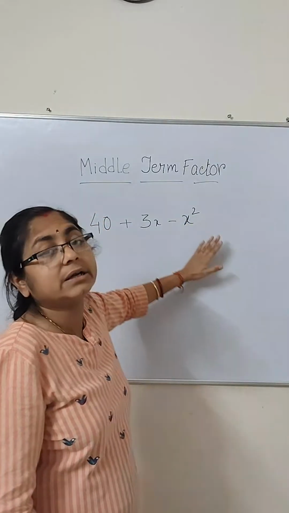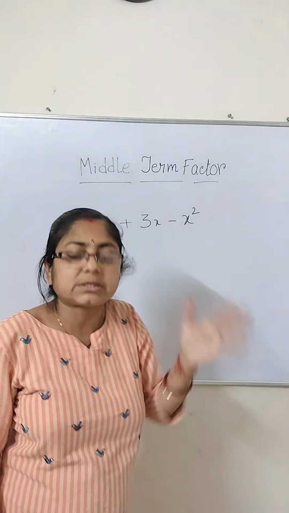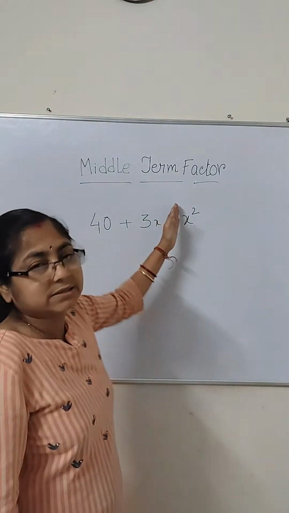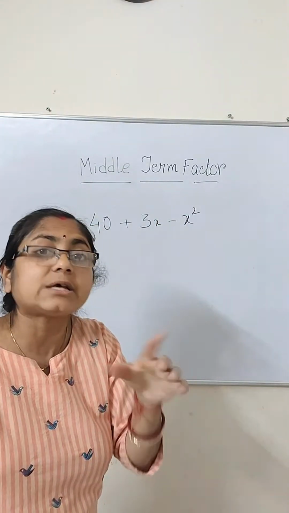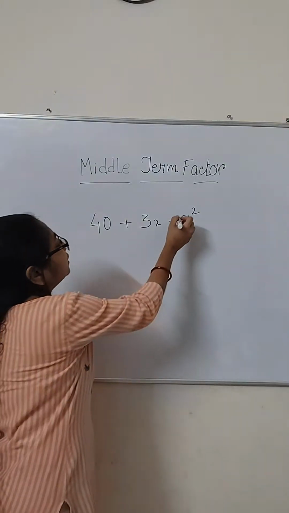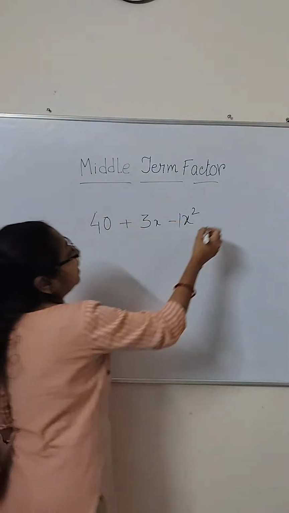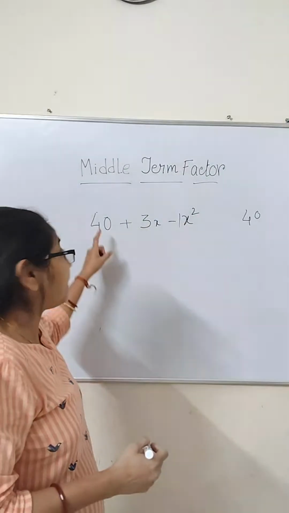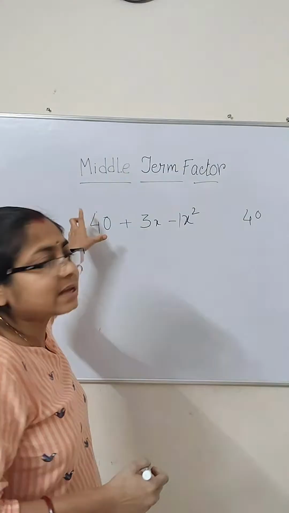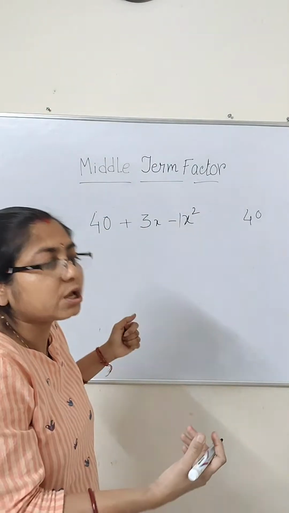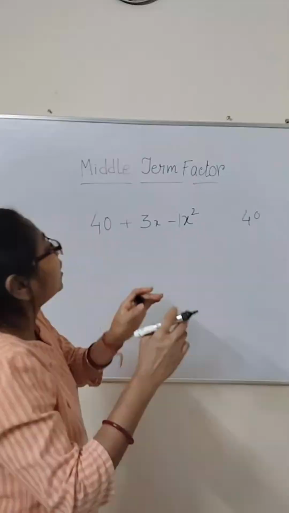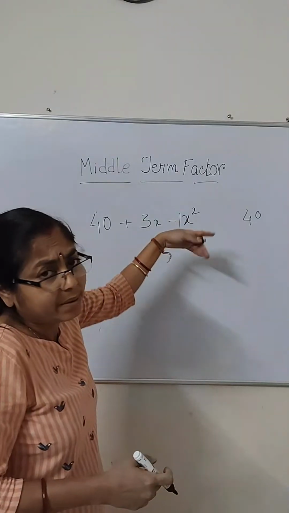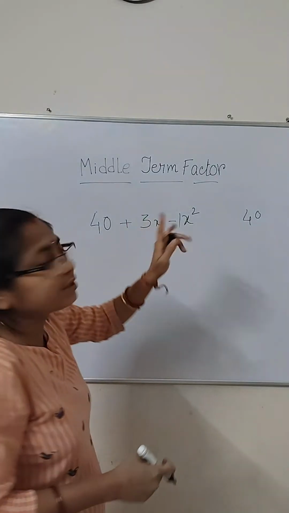But here there is no number, there is x square, and the numerical part of x square is 1. In that case, 1 and 40 are multiplied, it is 40. Because only the number part is on the left side, you get confused. So do it this way: there is 1 and no number means 1. So 1 and 40 means 40.